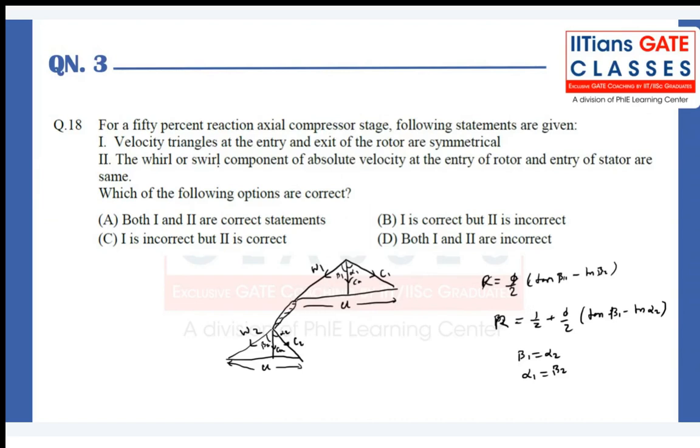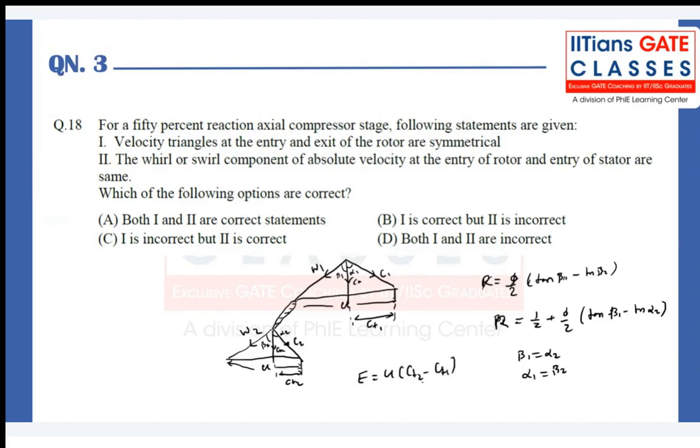What they are saying, swirl or the whirl component of absolute velocity, that is nothing but this component Ct. This is at the rotor entry, and at the rotor exit, that is nothing but the stator entry, the next stage stator, right? So Ct2. And we know, if I want to expect the work done by the compressor on the fluid, our Euler energy equation says U times (Ct2 minus Ct1).